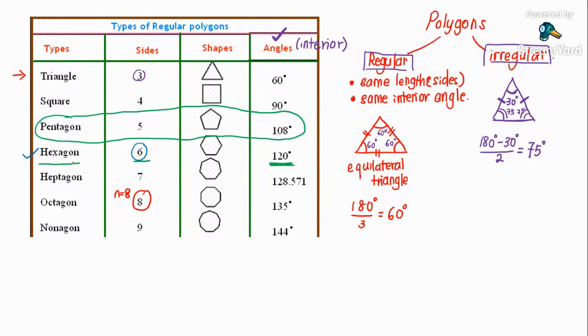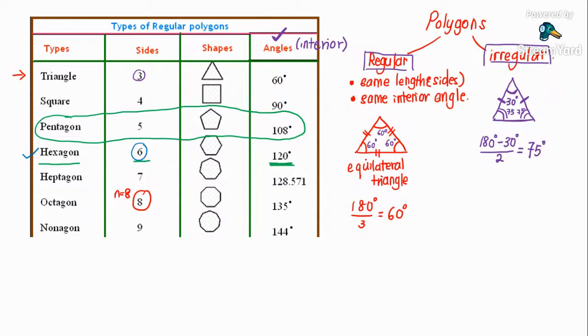Everyone must understand that when I say polygons, it can be regular or irregular. Regular polygons must have the same length for all the sides and the same interior angles.